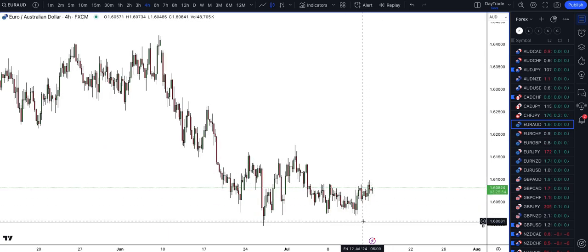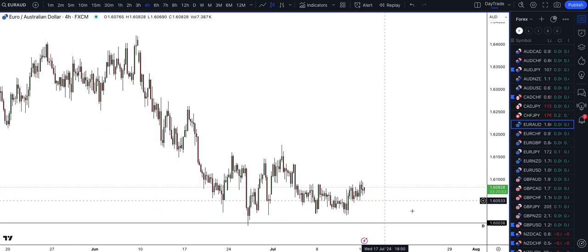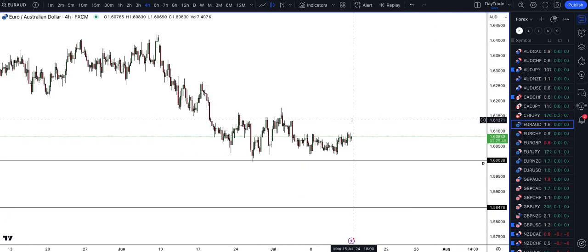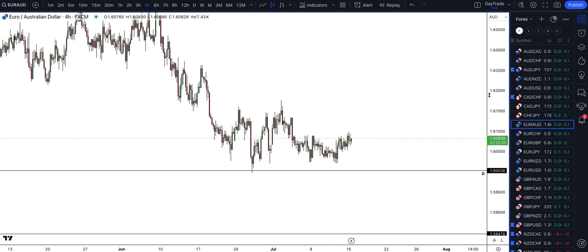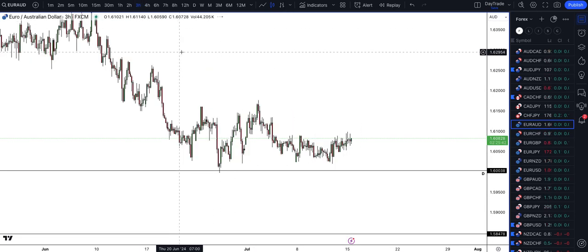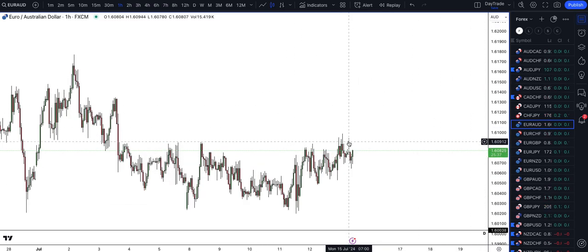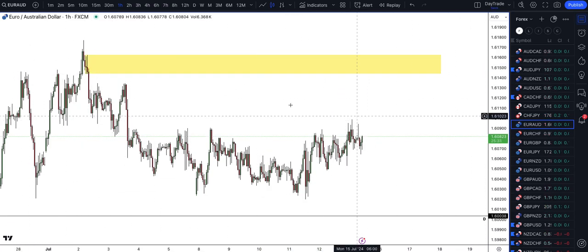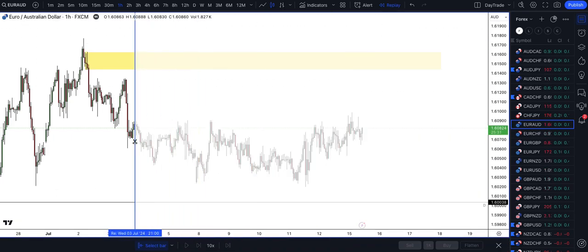So you can see price moving further in bearish momentum, to be honest, after it consolidates for a while. So yeah, not really any zones on Euro AUD. There's potential to have a bounce from up here, but not really one we're looking at.